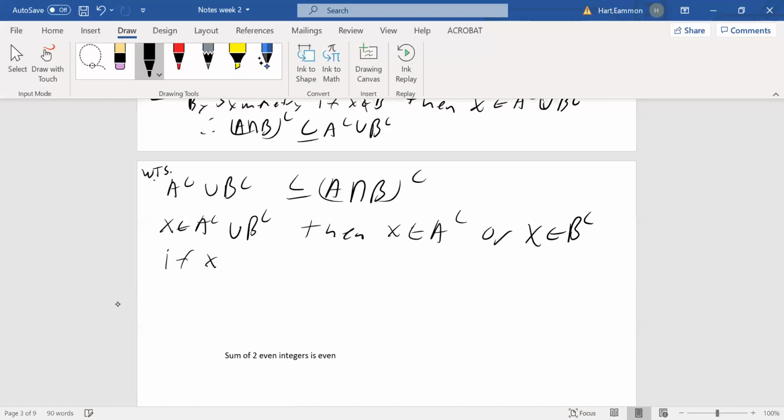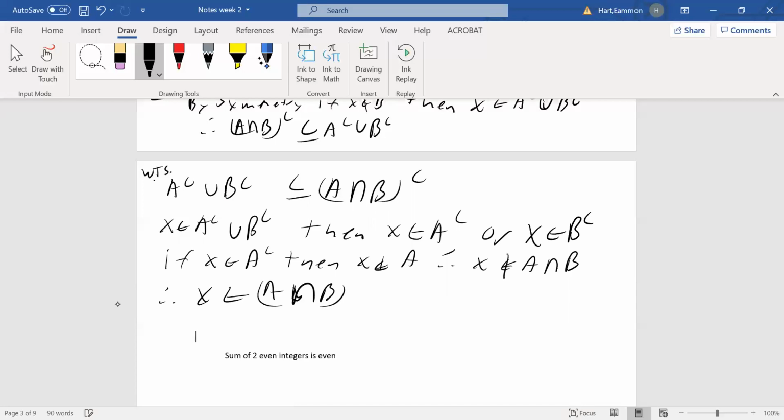If x is an element of A complement, then x is not an element of A. Therefore, x is not an element of A intersect B, right? Because it would have to be in both A and B. Therefore, x is an element of A intersect B complement.